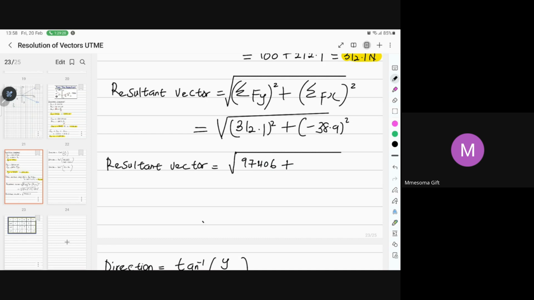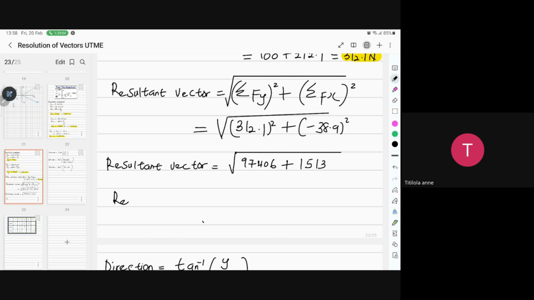Teacher, are you following? Should I add the minus sign? No, if you take minus 38.9 times minus 38.9, it will turn to plus. So just do 38.9 squared. The answer is 1,513.21. Okay, let's proceed now.